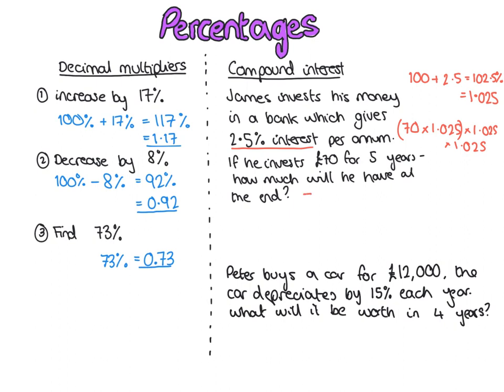Instead of writing 70 times 1.025 times 1.025 out 5 times, 1.025 multiplied by itself 5 times is the same as 1.025 to the power of 5. So we're multiplying £70 by 1.025 to the power of 5 because we're investing for 5 years. Work that out on our calculator.